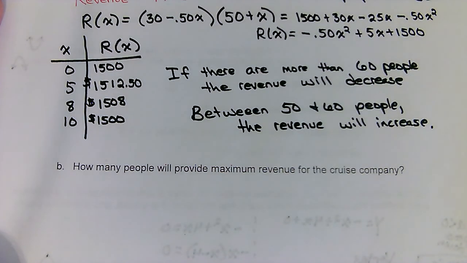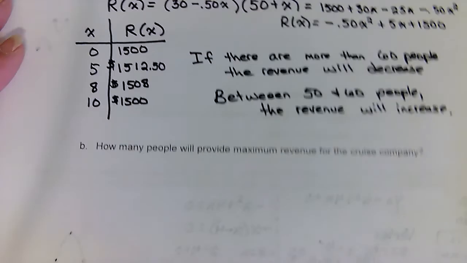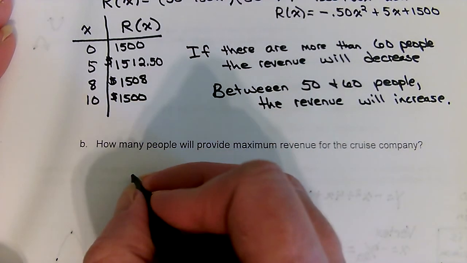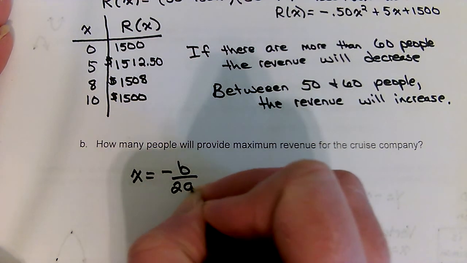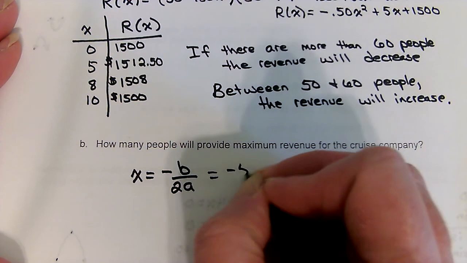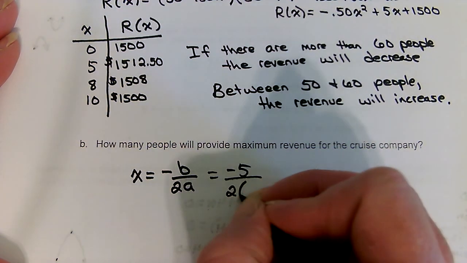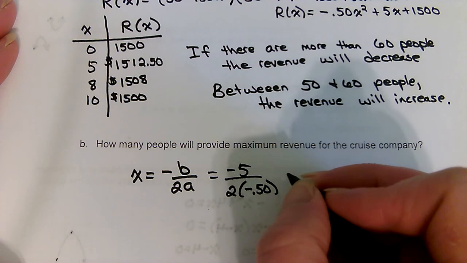How many people will provide the maximum revenue? Well, that's going to happen at the vertex, right? So that's going to happen when x equals negative b over 2a. My b is 5, so that's negative 5 over 2 times negative 0.50.